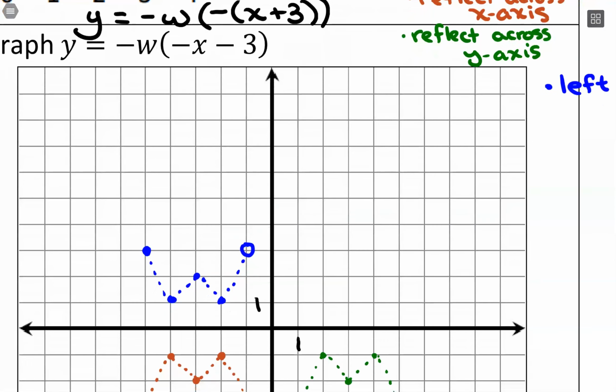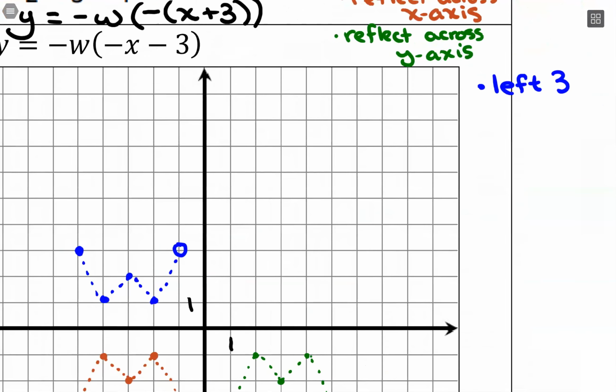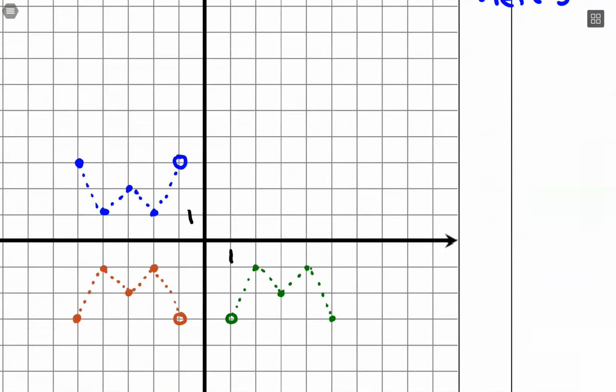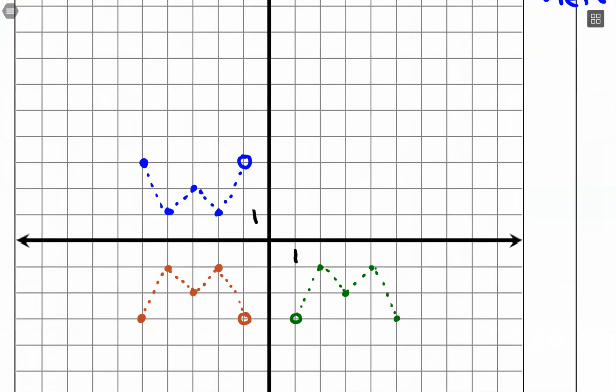And then our last piece is to move to the left 3 units. What I'm going to do is go 1, 2, 3, and I'll give you the open circle, and 1, 2, 3, 1, 2, 3, 1, 2, 3.